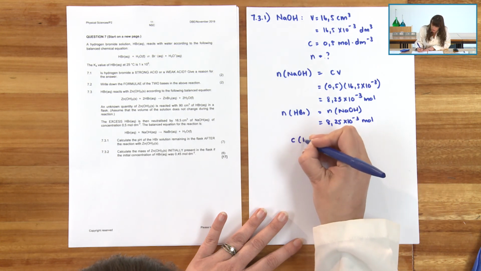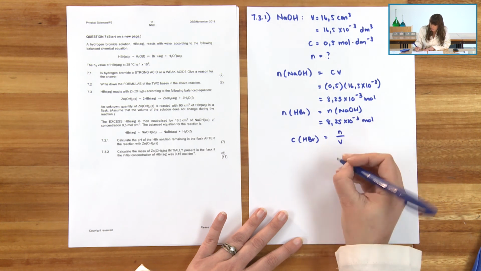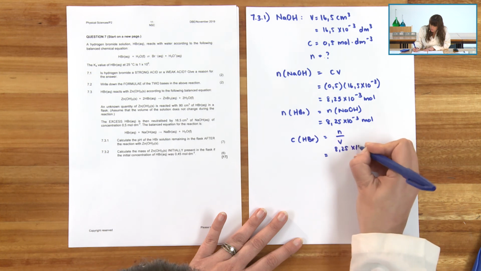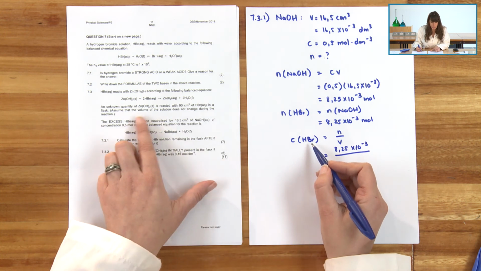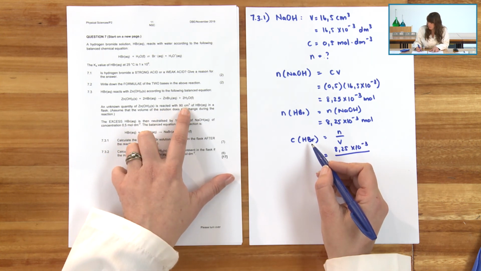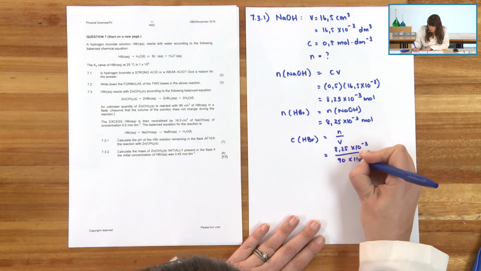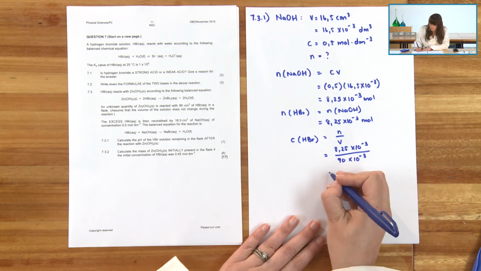So our concentration of HBr equals number of moles over volume, so we're going to have 8,25 times 10 to the negative 3 over our volume of HBr, which remember was 90 centimeters cubed. But we can't work in centimeters cubed, so we need to times by 10 to the negative 3, or in other words divide by 1,000.